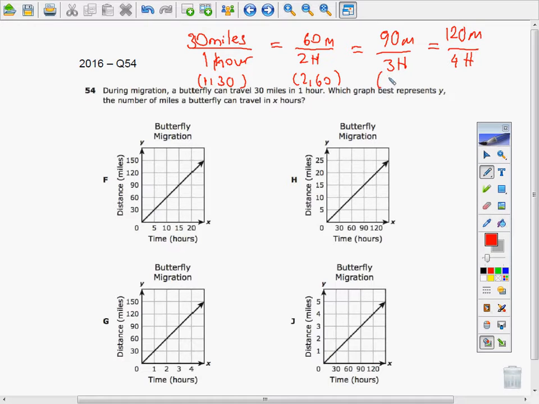and we need to place this point into the graph given by the question. So when we look at here, the time is supposed to increase by 1, right? And the distance needs to increase by 30. When we look at here, they misplaced the label.